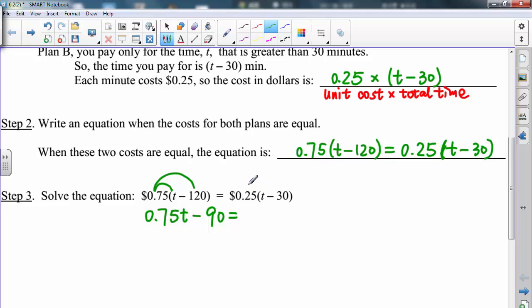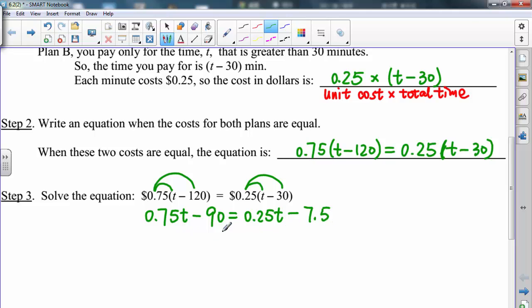Likewise, we can use the same distributive property on the right side. 0.25 times t minus 0.25 times 30. So we will get 0.25t minus 0.25 times 30. It's 7.50, which is the same as 7.5.